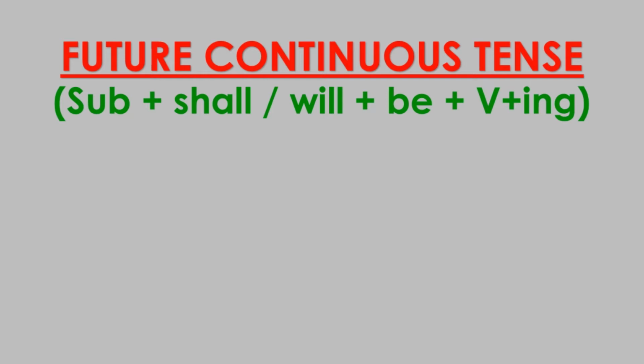It is used to indicate an action that will be in progress over a period of time in future. And what will the structure of the sentence be? It will begin with a subject, followed by either shall or will, followed by be, as you can see, and finally will come the ing form of the verb. Look at these sentences.